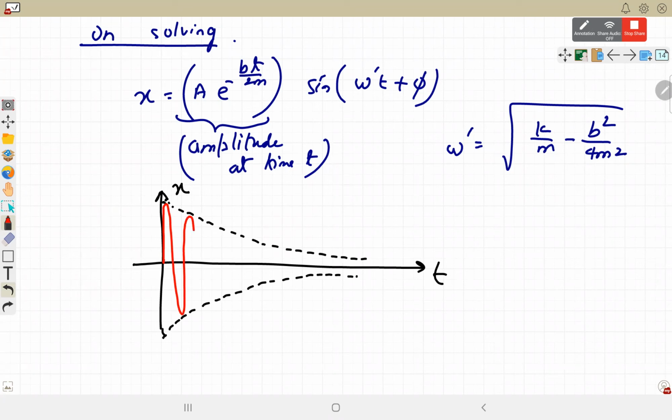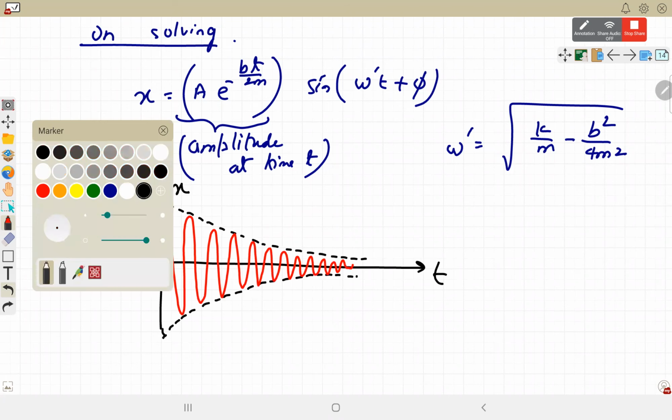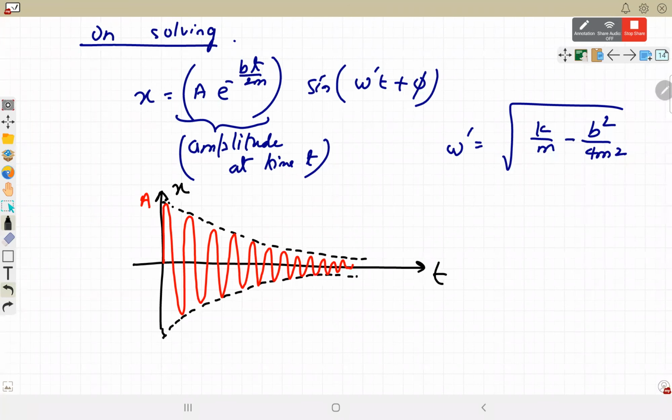This exponential function is called the envelope, which means if we join the maximum displacement points, it will be an exponential form. Amplitude gradually reduces, and that causes energy loss, but it will take infinite time to completely die out. But practically after 20 oscillations or so, we will not be able to see that oscillation, since the displacement amplitude is very small.